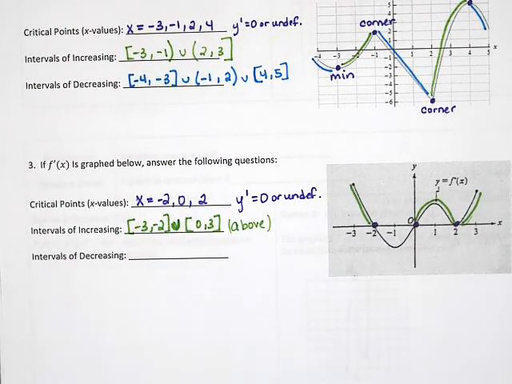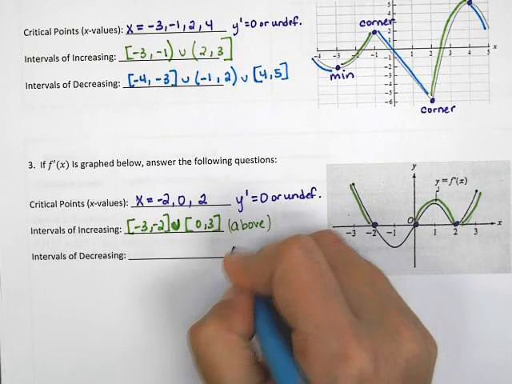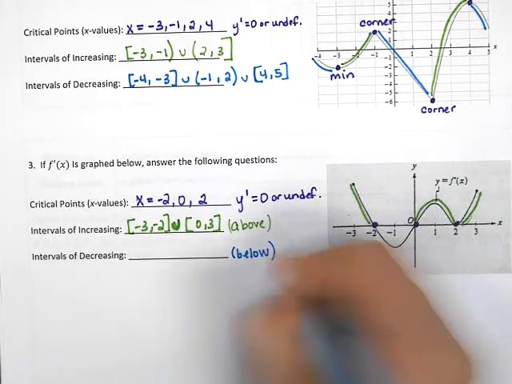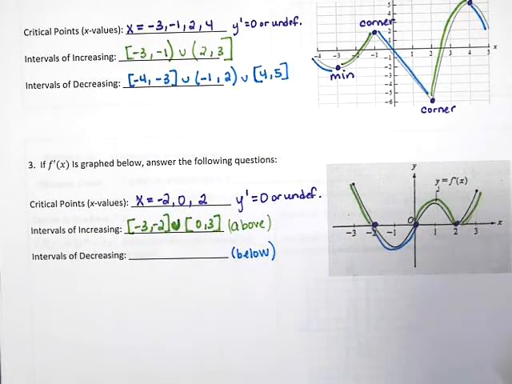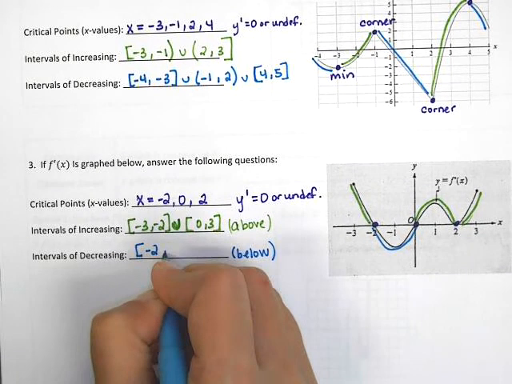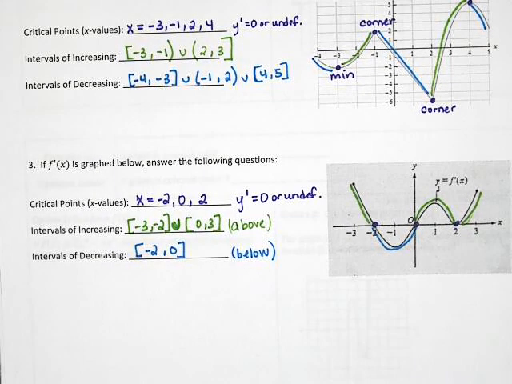Lastly, if I was looking for where the graph is decreasing, I would look for where the graph is below, which would be this chunk. And so I would say -2, 0 is that interval.